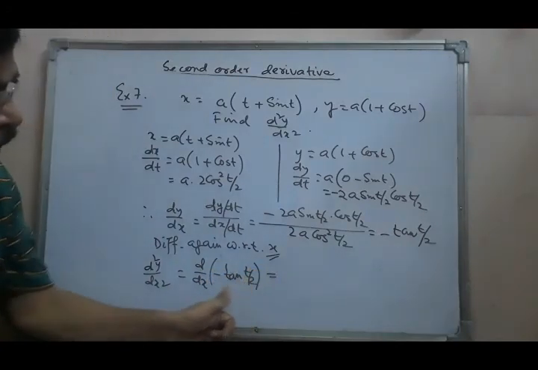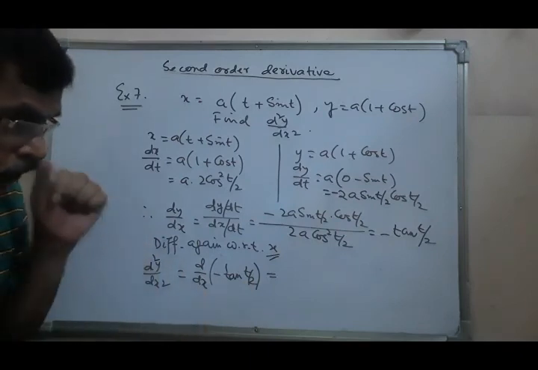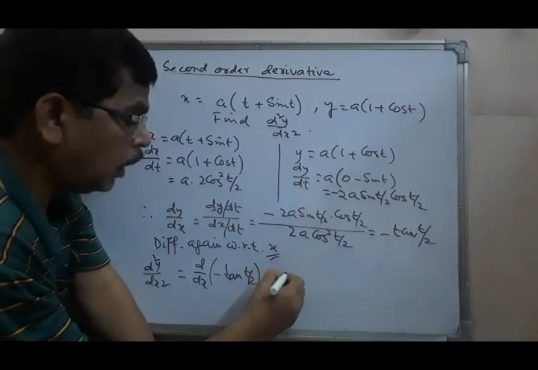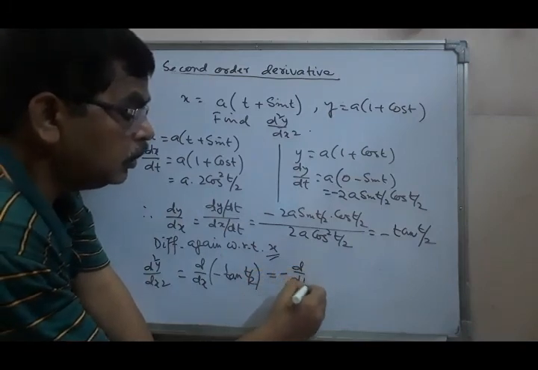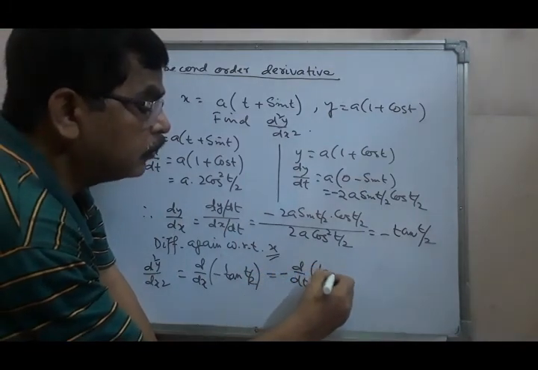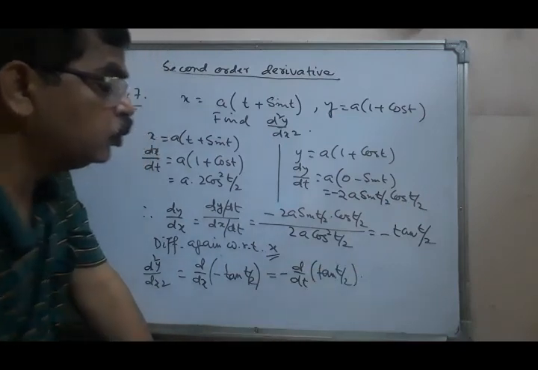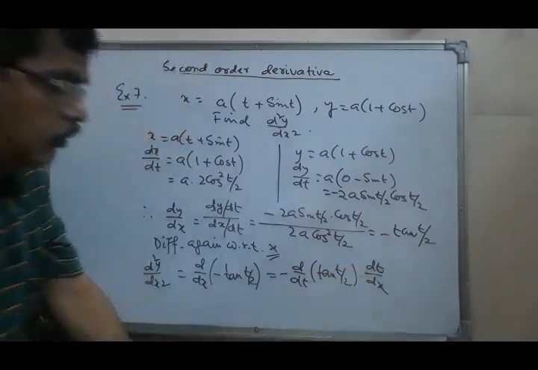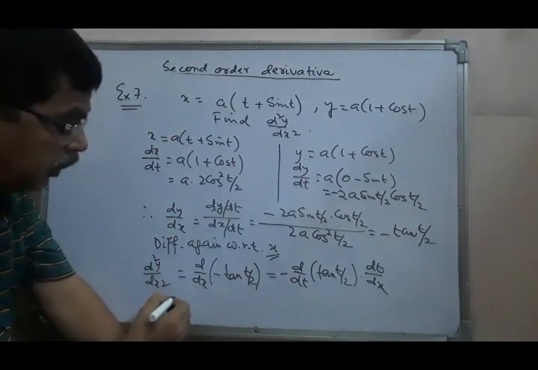A function of t we cannot differentiate with respect to x. Therefore, what to do here? Minus d dt of tan t by 2 into dt by dx. So further, what can you write here?